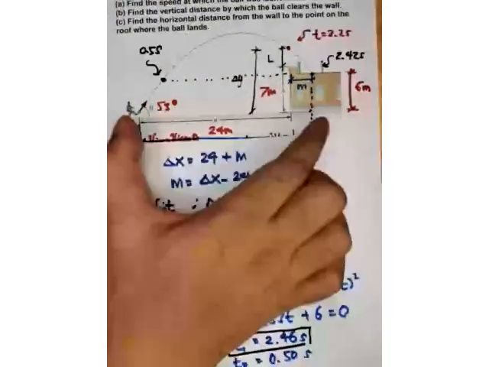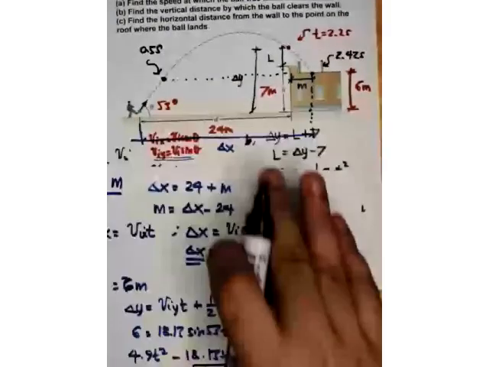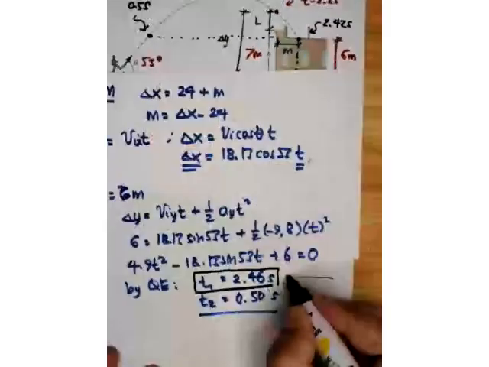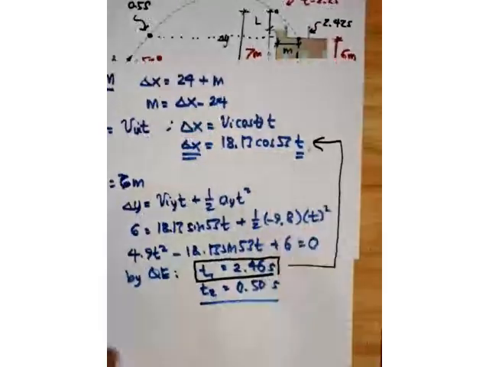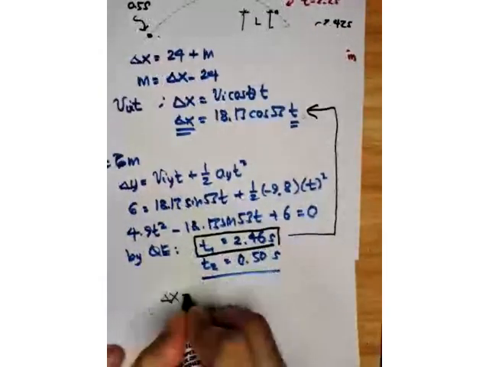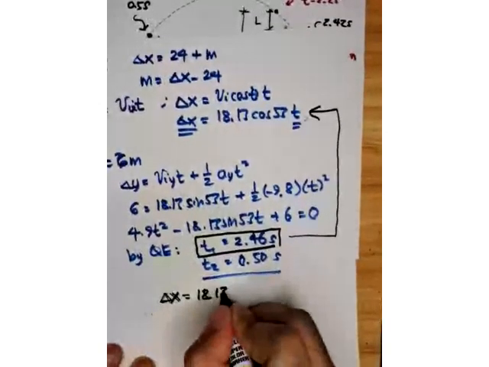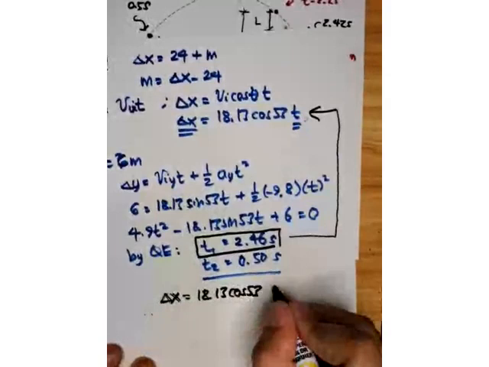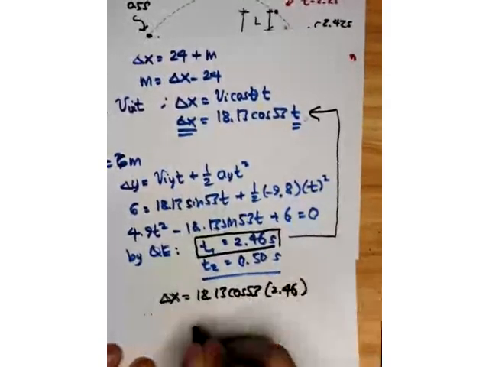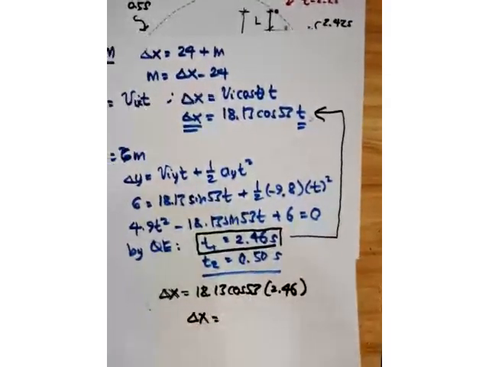So, that means, ito yung i-apply natin dito sa formula natin. Therefore, delta x is equal to 18.13 cosine 53 times 2.46. So, what's our delta x?